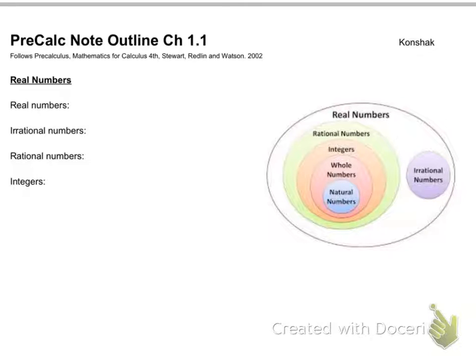What's an irrational number? What's a rational number? Can you give me an example of a rational number? Maybe that would be easier.